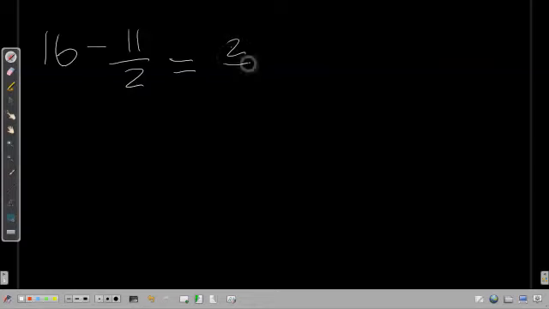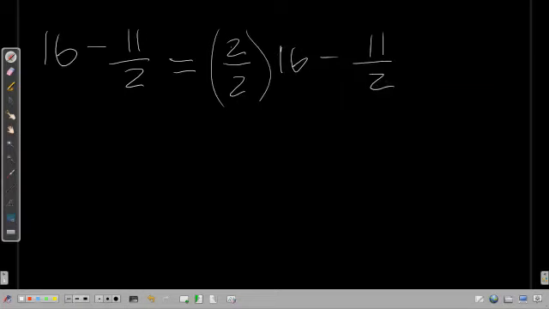Make it say that with the power of multiplying by 1. There, I've multiplied the 16 by the number 1. So it's still 16. This is still 16.